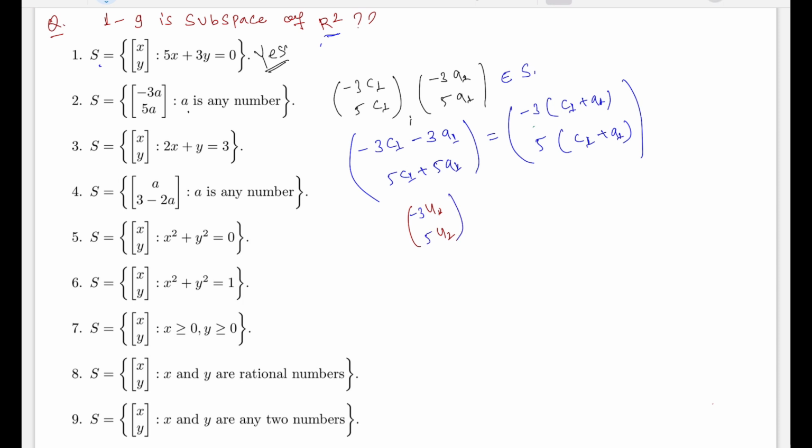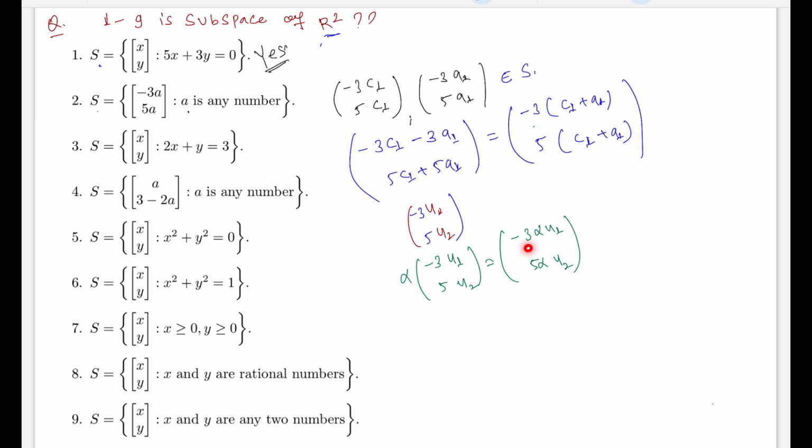And if I multiply by any scalar quantity, or scale this vector, then whatever vector I get after this scalar multiplication needs to be also in this set. If it is in this set, then all these three conditions are followed, and I can say that this set of vectors is a subspace of R square.